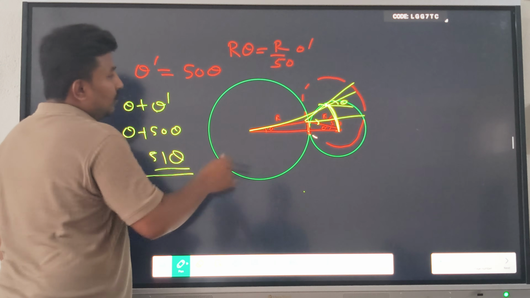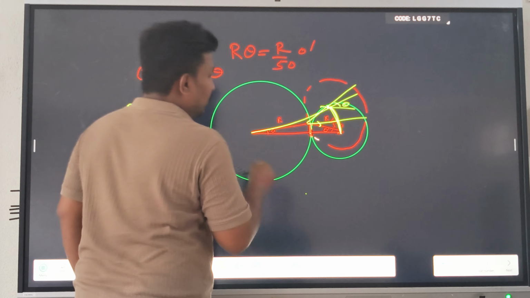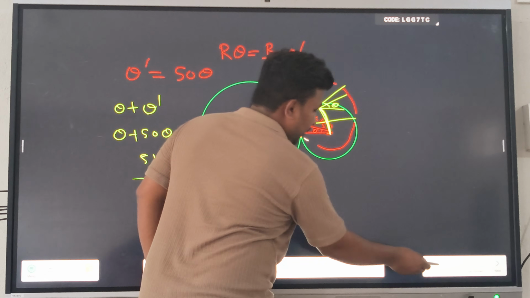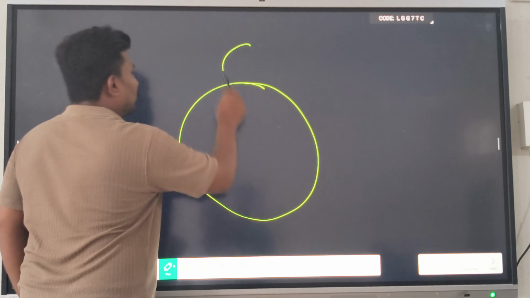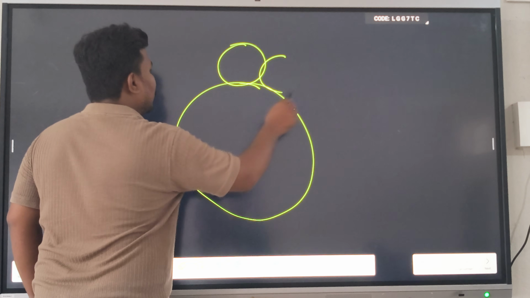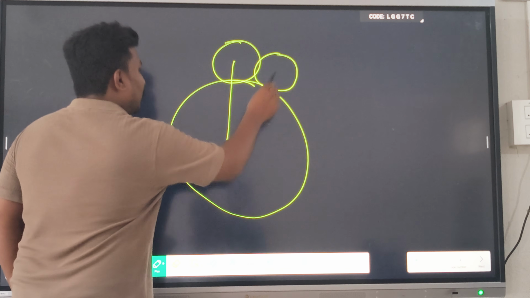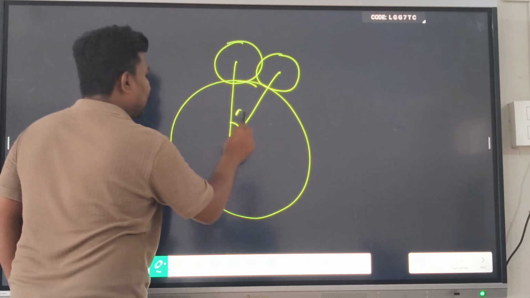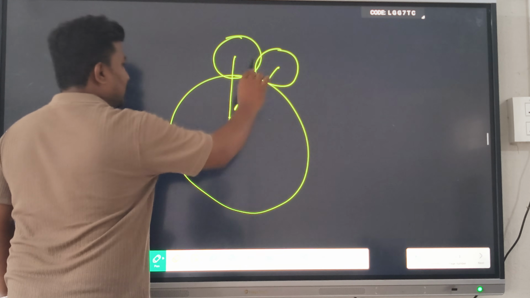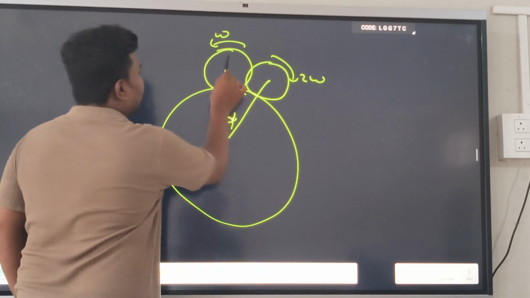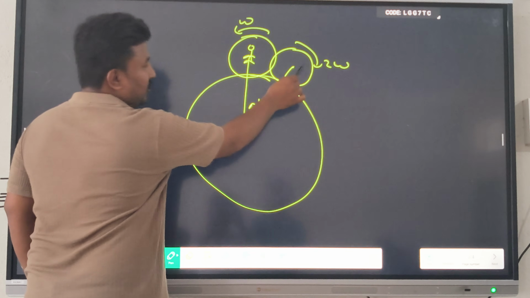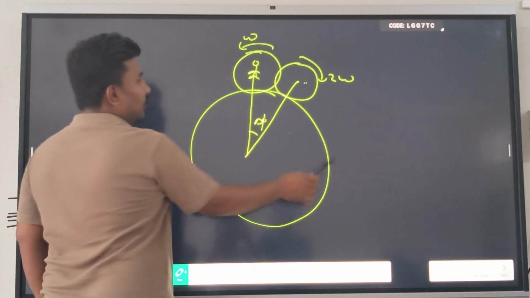Now there are two disks in the question. Let me draw another figure. This is the bigger disk and we have two small disks, and this angle is given as delta phi. This is rotating with omega and this is rotating with 2 omega. If I sit here and observe this disk, it is rotating with 3 omega.